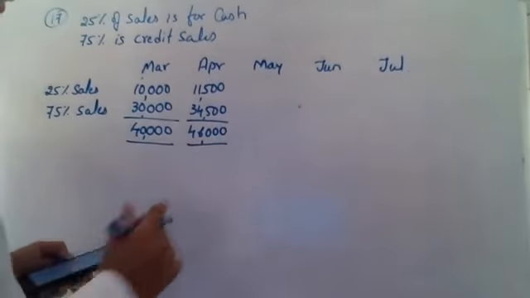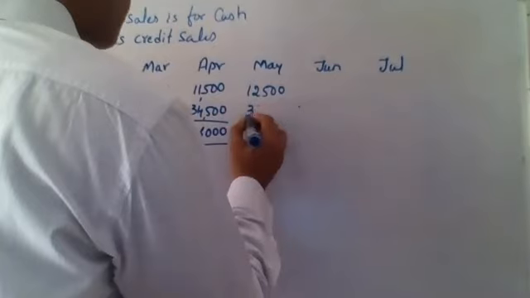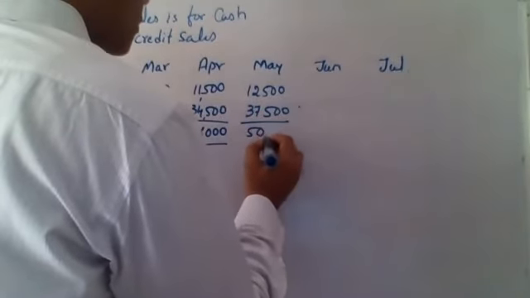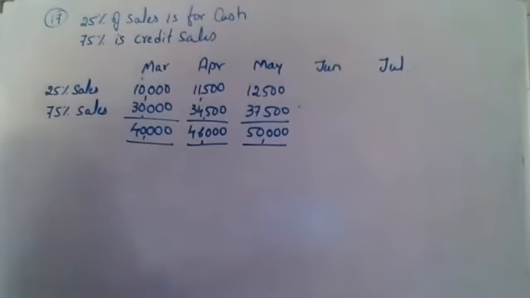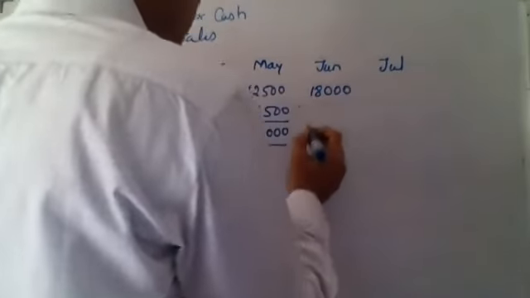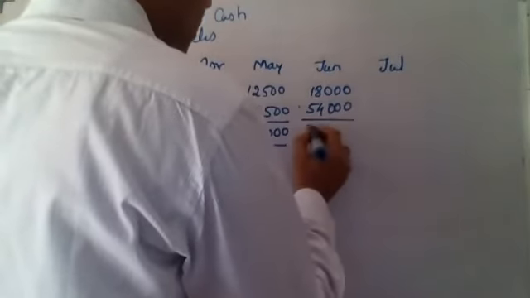May sales are 50,000, so it is 12,500 and 37,500. June sales are 72,000, so 18,000 is cash sales. The remaining 54,000 is credit sales.